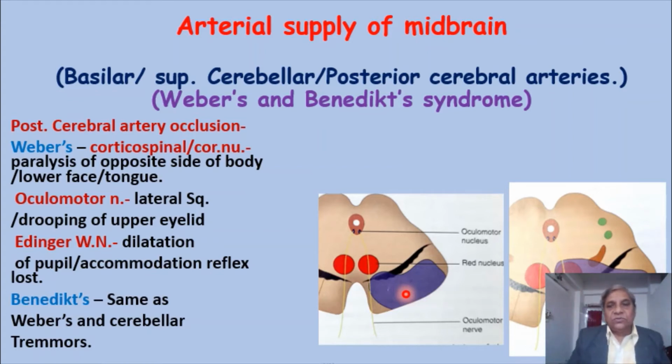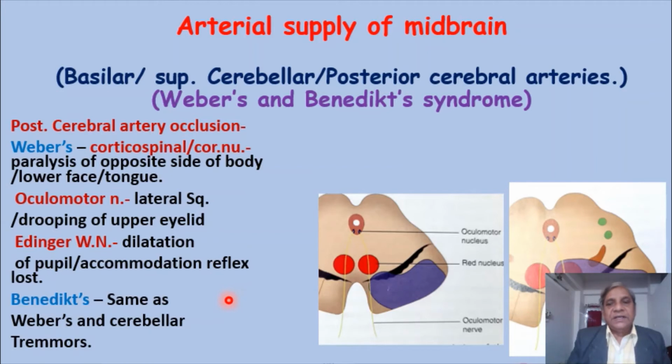Now let us go to the area which is more lateral. Another syndrome here is called Benedikt syndrome. In this Benedikt syndrome, everything is the same except that the lesion also involves the red nucleus. That's why most of the findings will be similar to Weber syndrome.